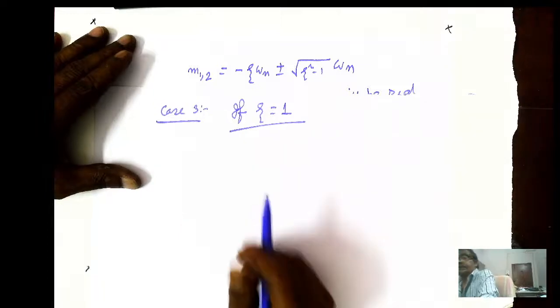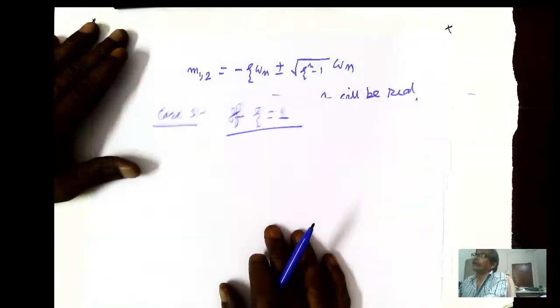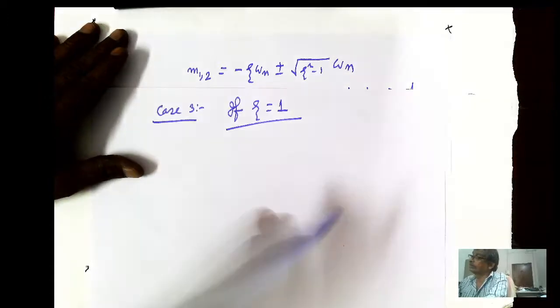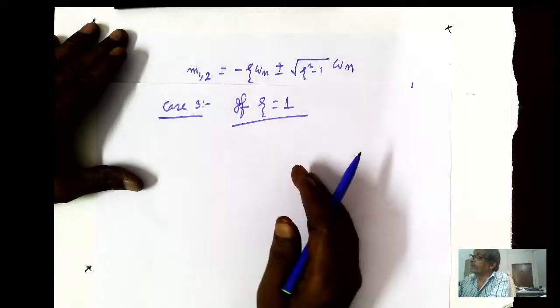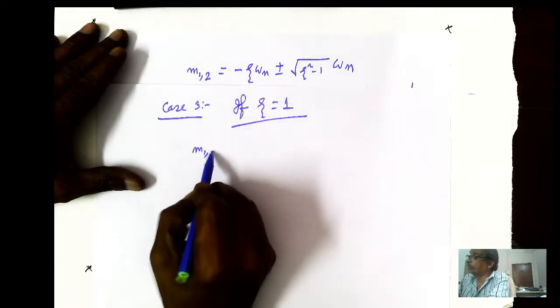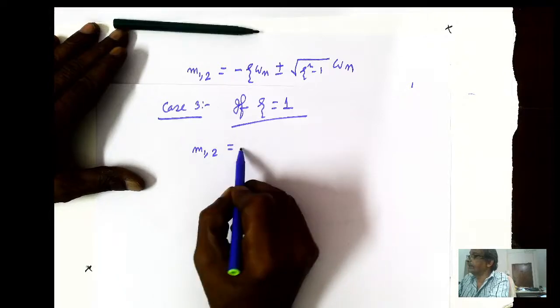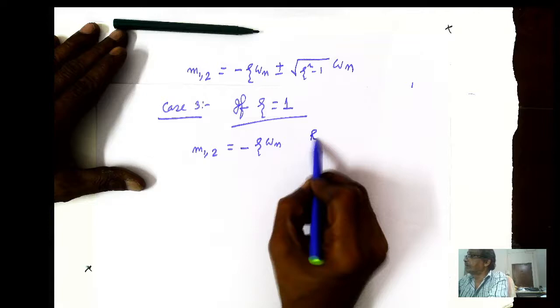The RLC values are such that zeta becomes equal to 1. If zeta happens to be equal to 1, then the roots will be real and equal.